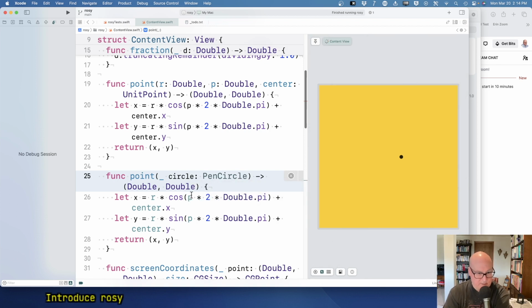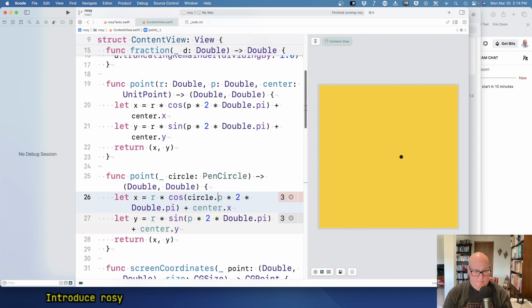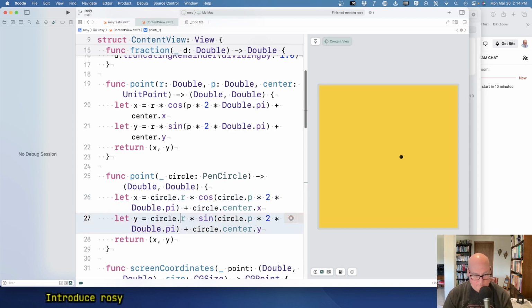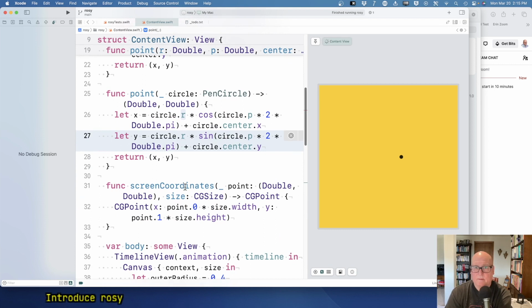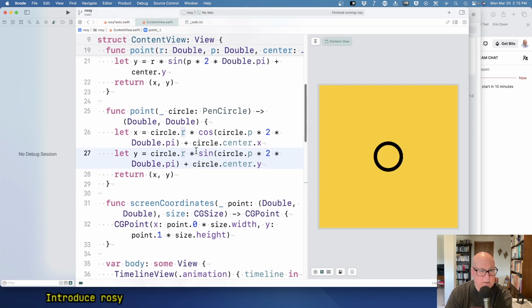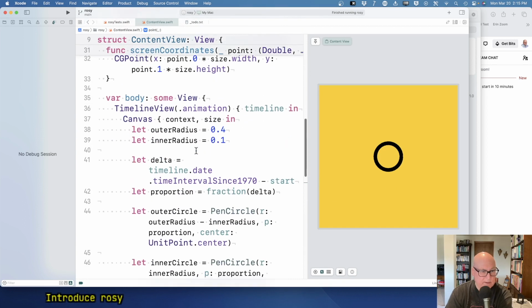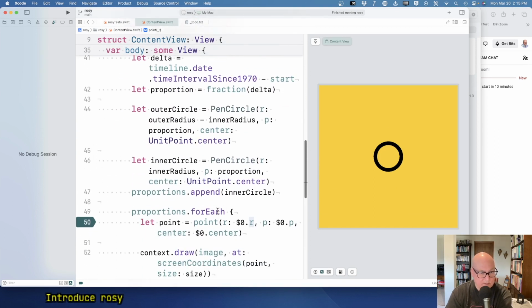Okay, so we're just going to pull everything from circle. Circle piece, circle center. Okay. That should be okay. We should still get our old circle, yeah. All right. Now, let's substitute this point in for, this should be inner circle.